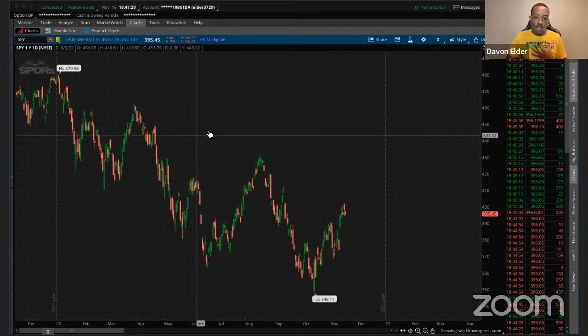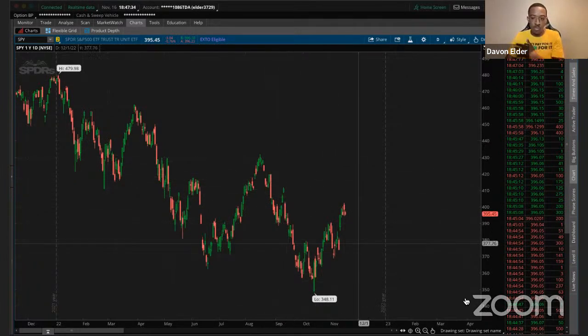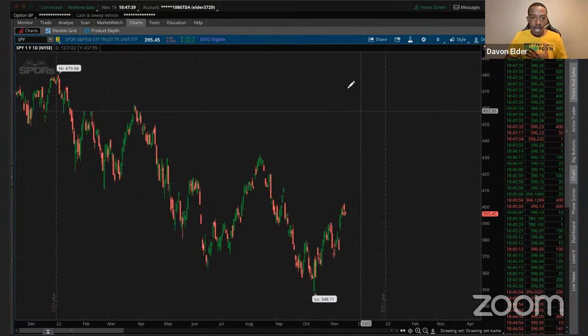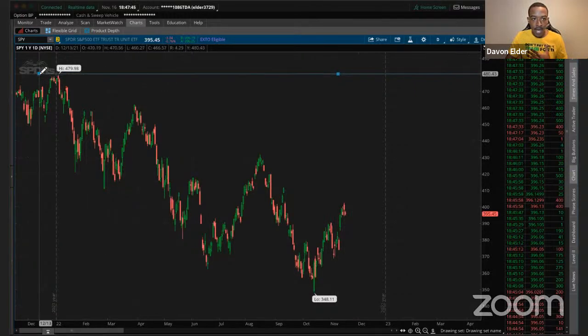Now, the first thing we're going to do is that we have to identify support and resistance. So let's go ahead and identify the top, which is up here around 479.98. And let's identify the bottom, which is right here around 348.11.